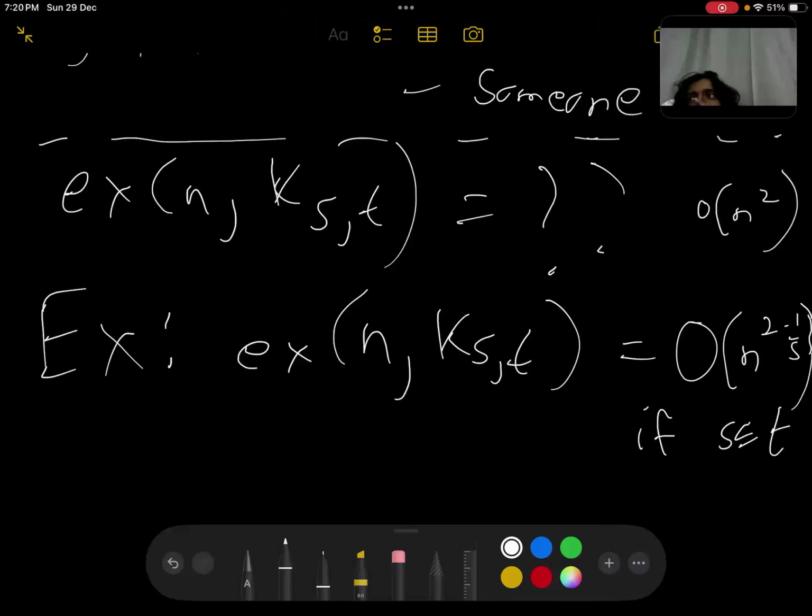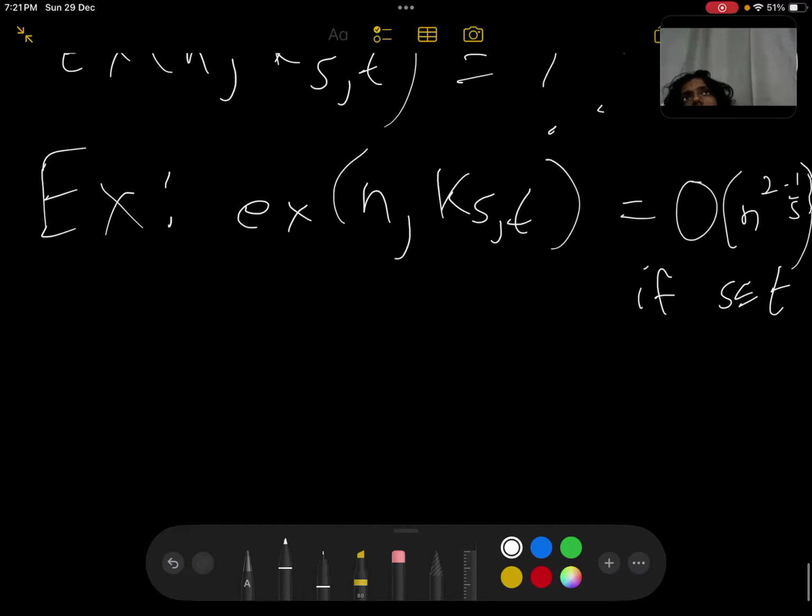The exact constant can also be obtained, there is a proof that gives you the constant as well, but it tells you that the exponent instead of n square is something slightly smaller. It's n raised to 2 minus 1 by s, if s is less than or equal to 2. So it's a pretty good upper bound on this. And the proof, which I'll leave as an exercise, is by double counting.